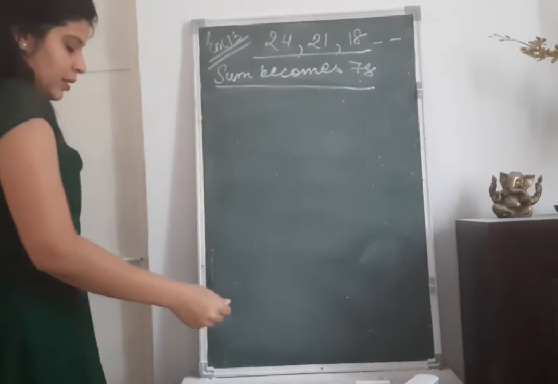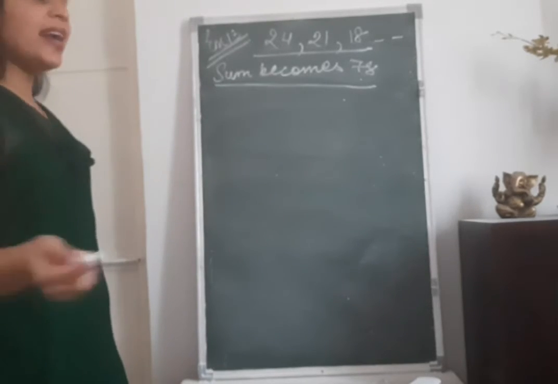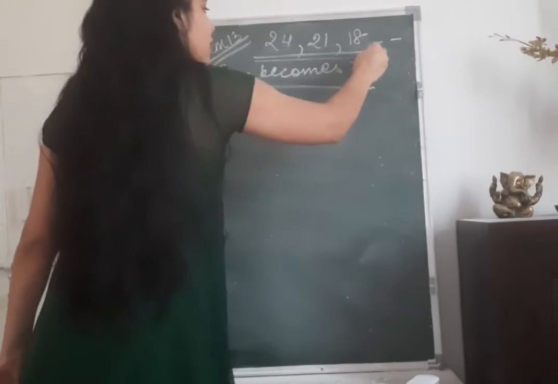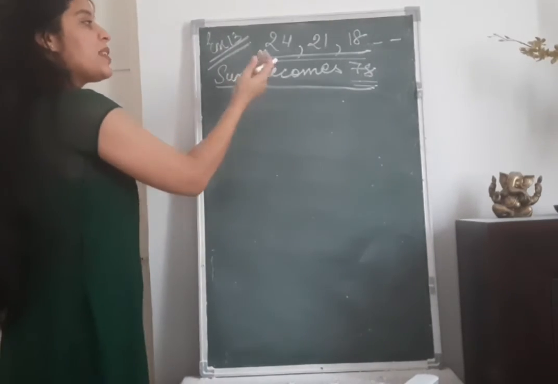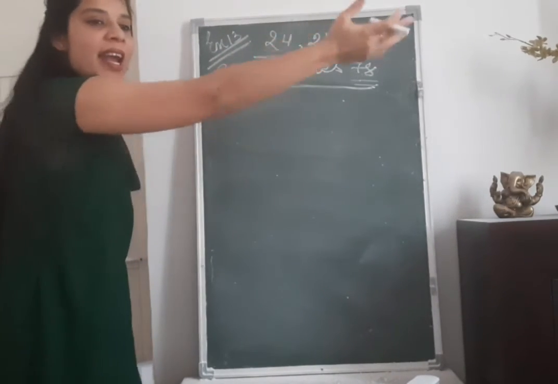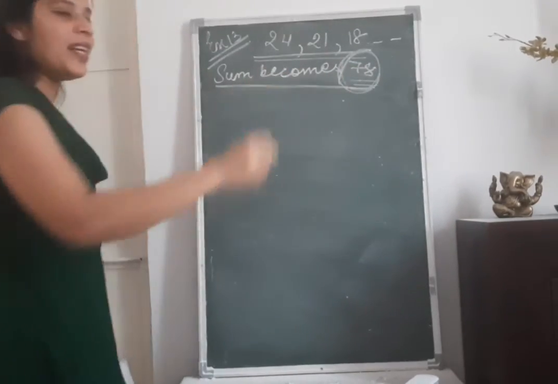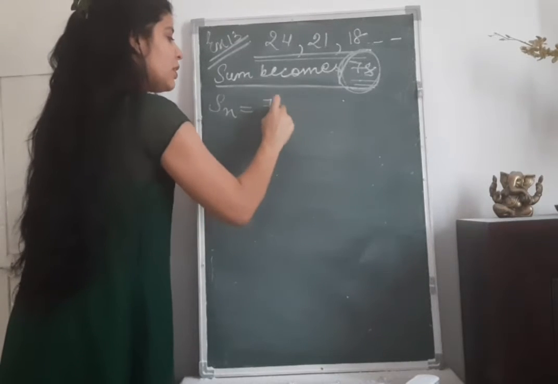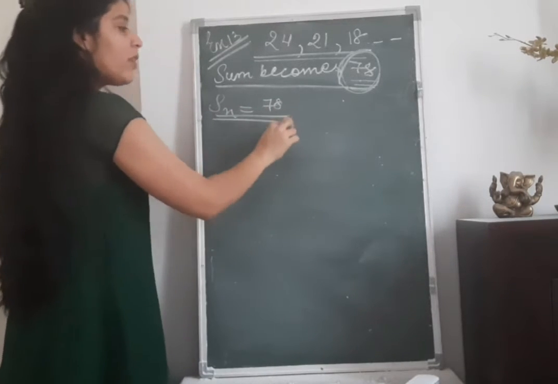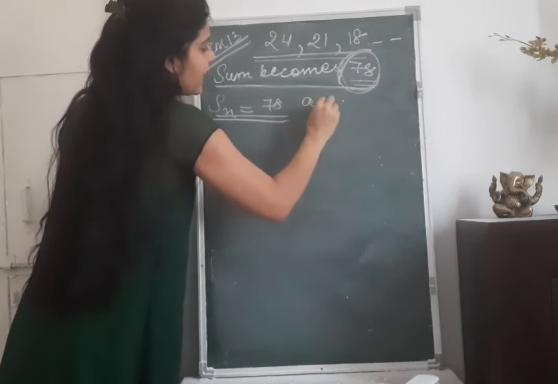Now, let us assume that we take n terms of this arithmetic progression to make the sum 78. Let us assume that the sum of first n terms of this arithmetic progression is 78. So Sn is equal to 78. What is the first term here? 24.